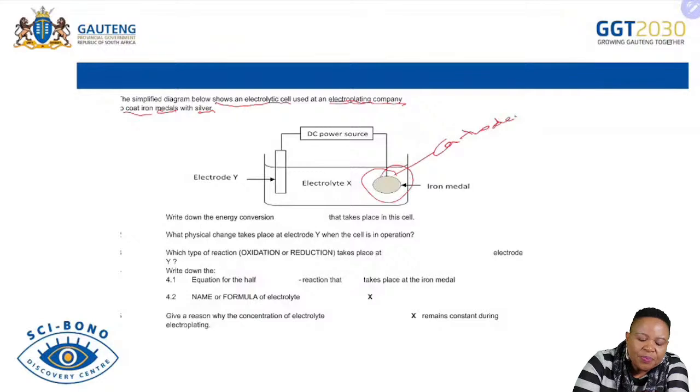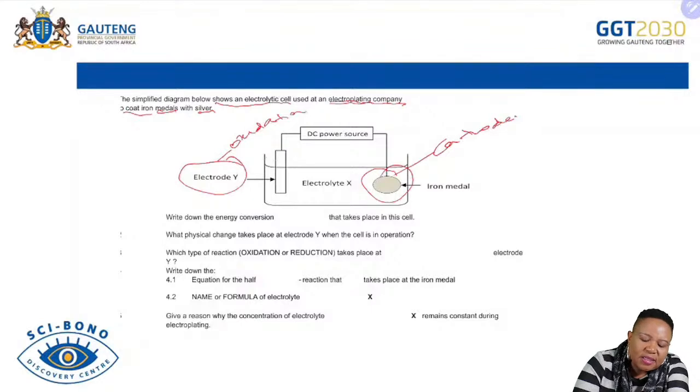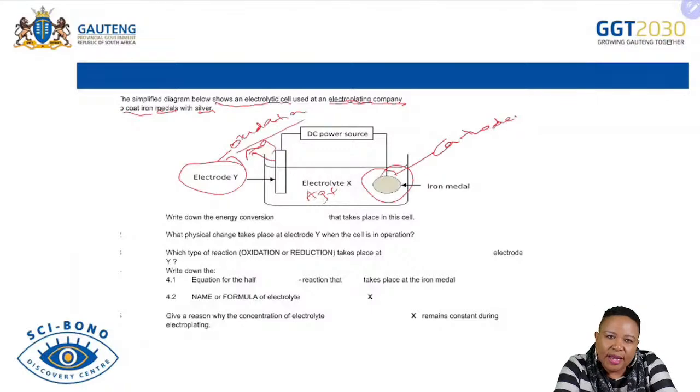pure substance. And then we expect our electrolyte to undergo what? Oxidation. Now, because we want to coat with silver, it means where oxidation will occur, we must find our silver. And because we are coating with silver, we must also have what? Silver ions inside our electrolyte.